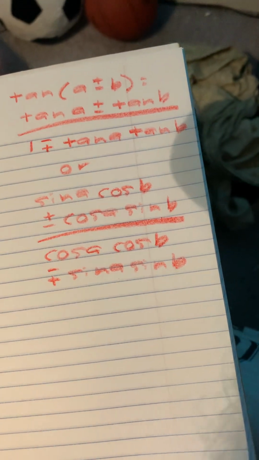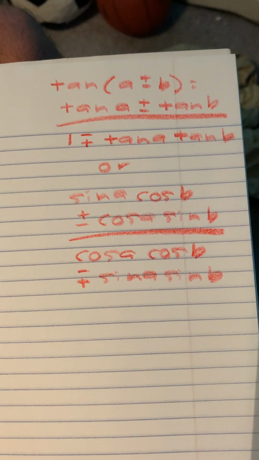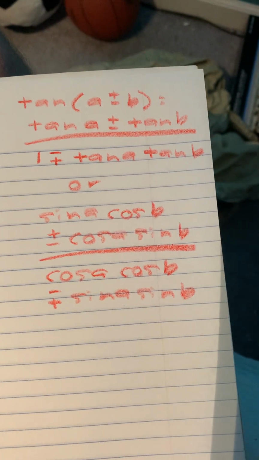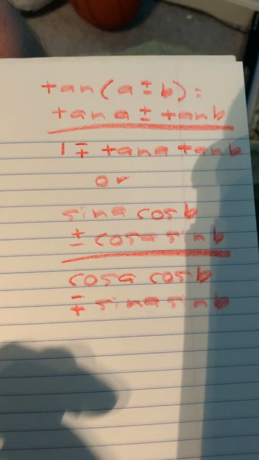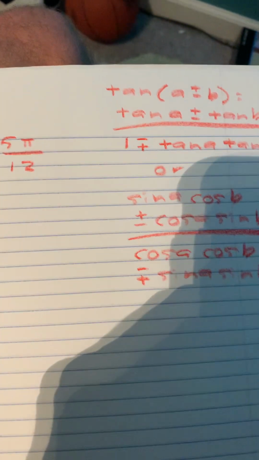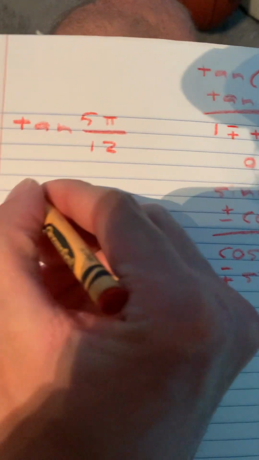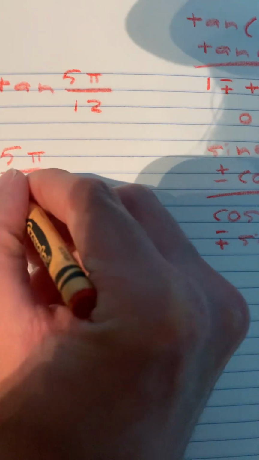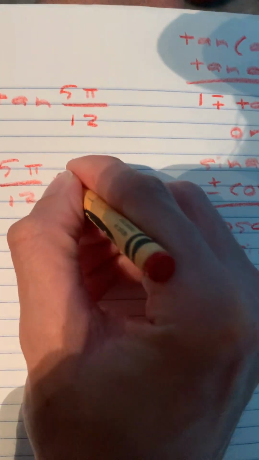So, let me get a new sheet of paper for that. This is going to be math. But first, let me convert 5 pi over 12 into degrees. So how I do that, 5 pi over 12 times 180 over pi.